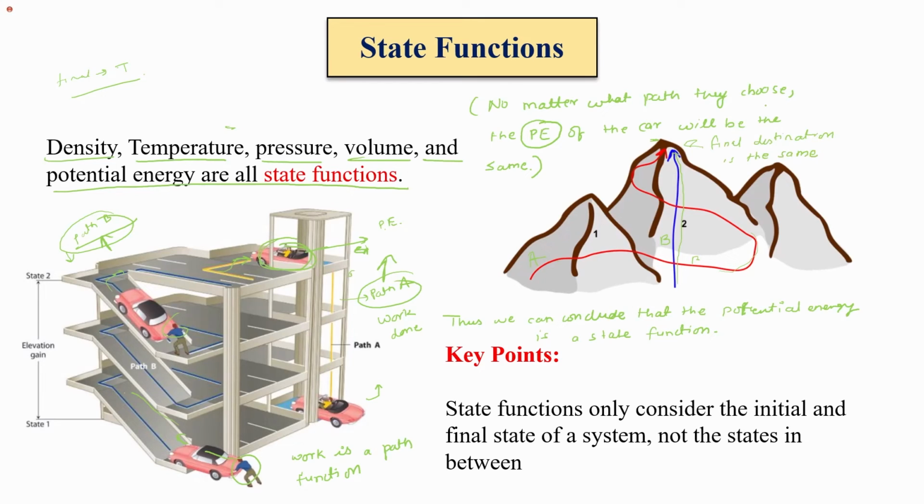Even though path 1 is longer and more winding than path 2, both paths lead to the same destination. Although the two paths are different, their final change in altitude is the same. So they have the same state function value of altitude.